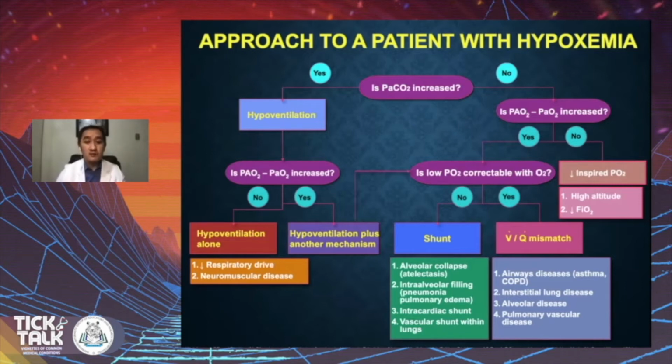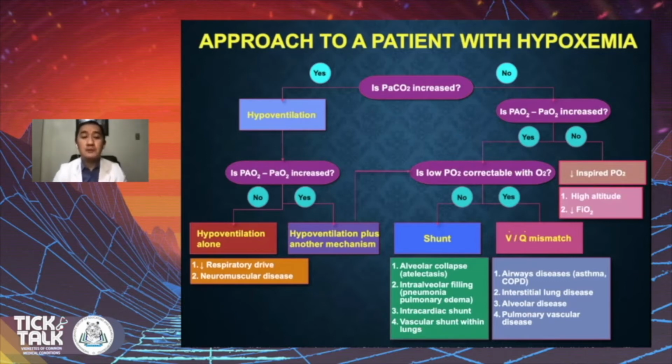The other mechanisms are on the right side of the algorithm. If your alveolar arterial O2 gradient is not increased, then the cause of hypoxemia is hypoventilation alone. The possible causes are, number one, a decrease in respiratory drive, or number two, neuromuscular disease like GBS and myasthenia gravis.